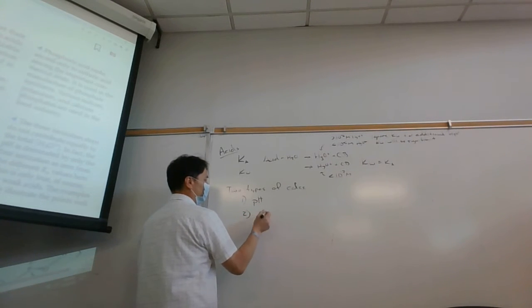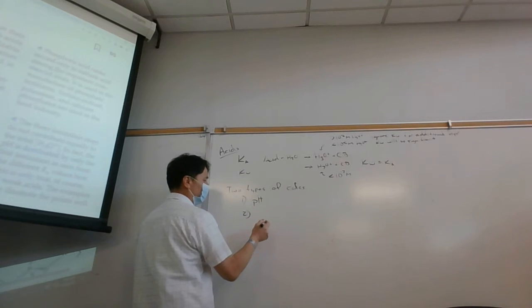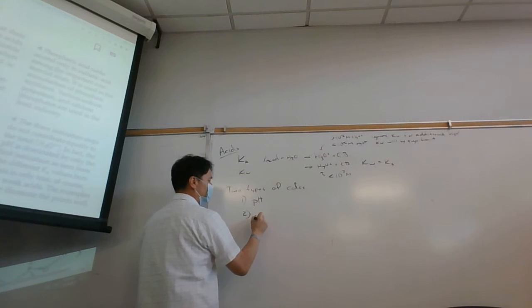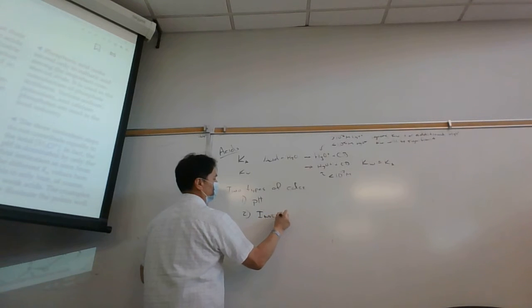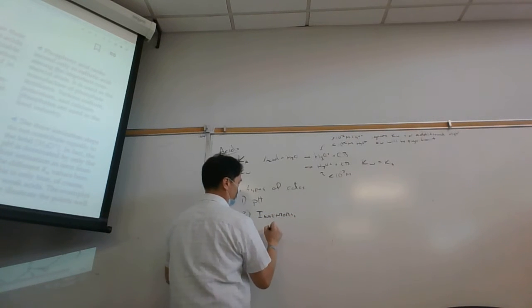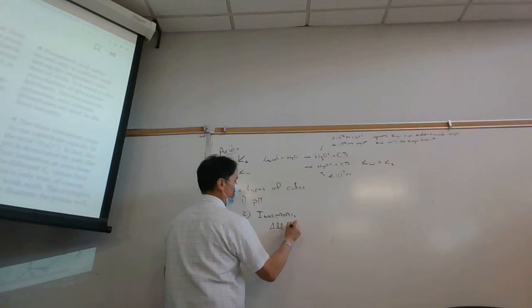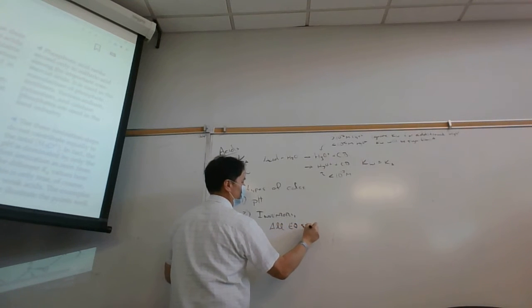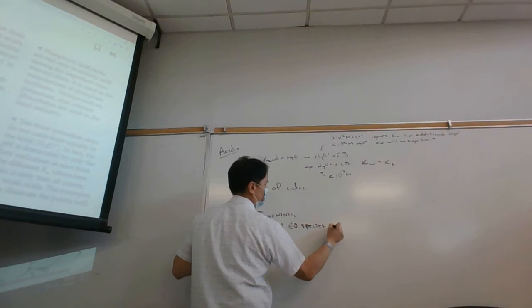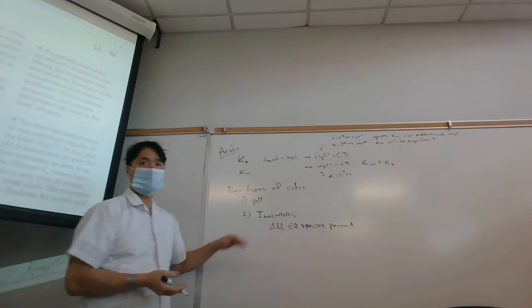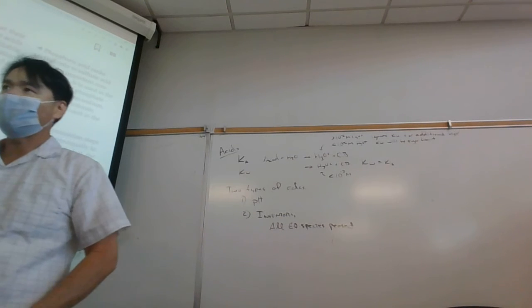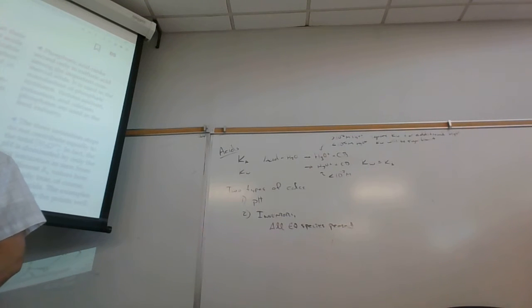Or two, we calculate the inventory, that is all equilibrium species present. When we do this, then we have to do all the steps because we want to figure out everything in that particular solution.